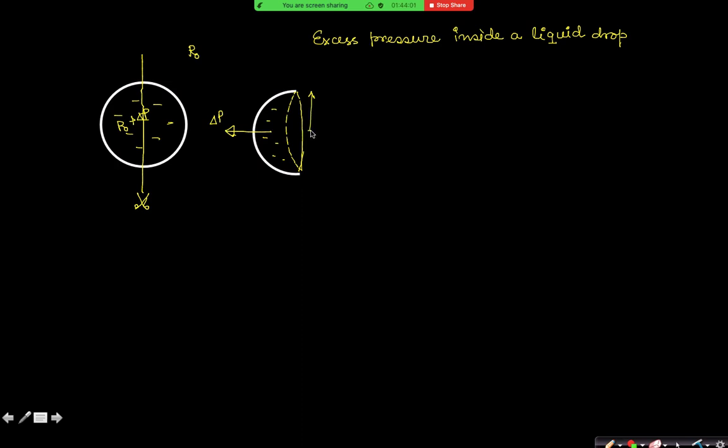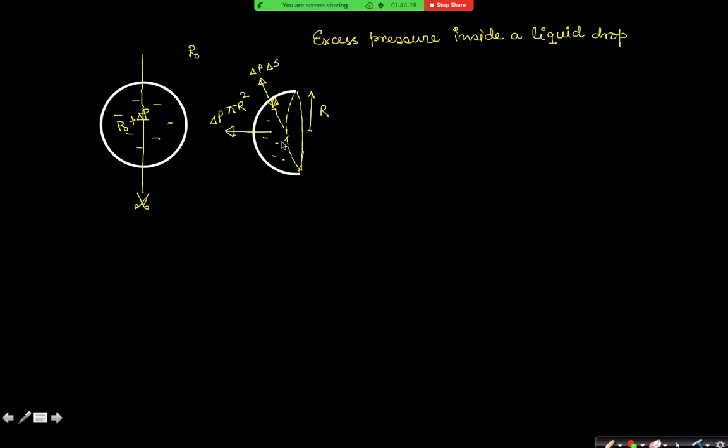Projection area, right? I have also done it in several places, but even if you want to know, you can just try to understand it. If I take any small portion here, then the force will be delta P into the small area, delta S, suppose.